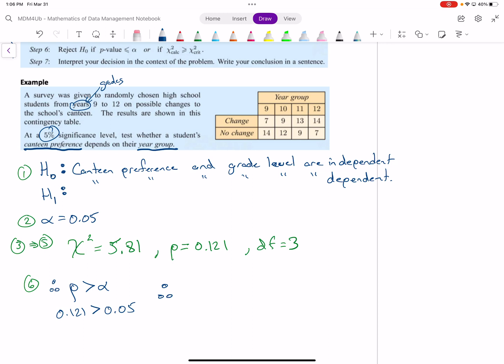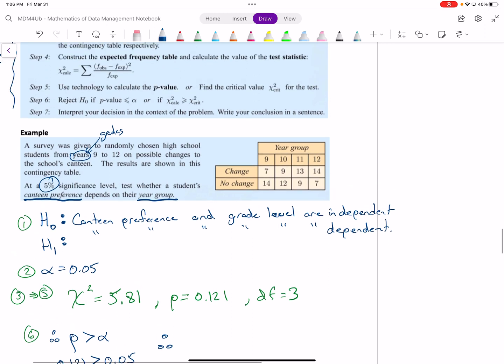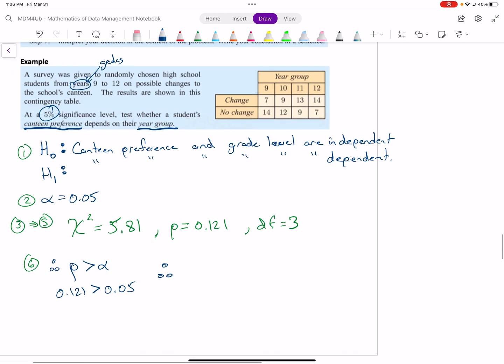Close. That part's going to take a little while to remember. So the probability that they're not independent is small. It means that it's 0.121, 12.1%. So therefore, the canteen preference is independent of grade level.